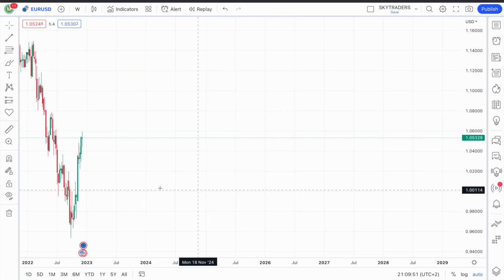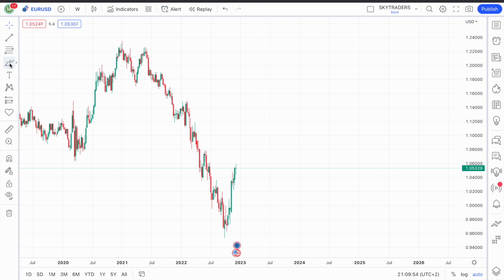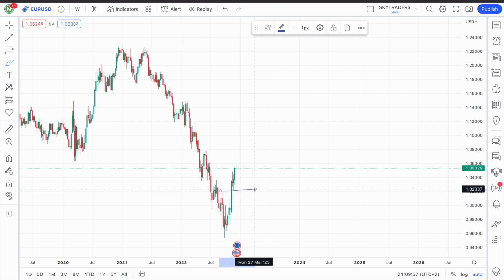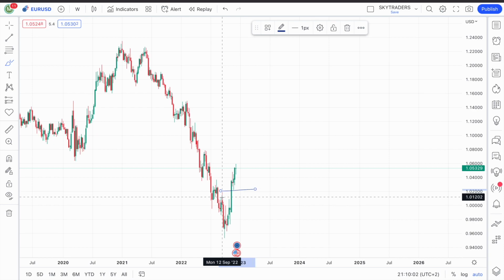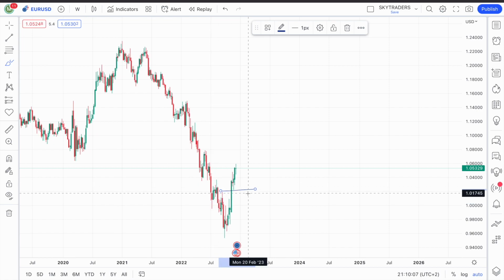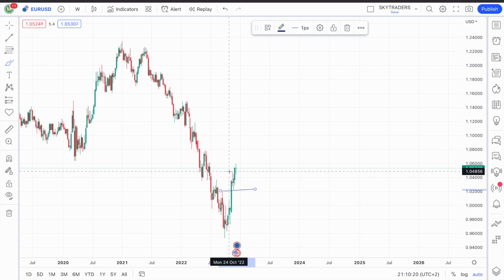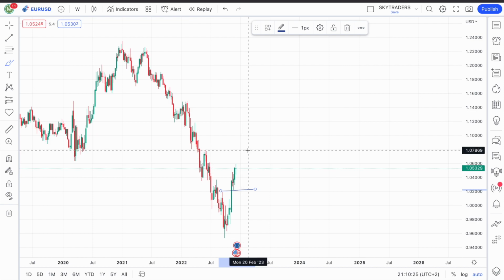This is a really important level because it highlights the highest price that this weekly candle on 12th of September 2022 reached when we broke this market structure. We tried to trade back, broke again with a high pressure buy candle, tried to trade back to the previous sell candle highest wick, and then slight rejection, and now we are in an uptrend on the weekly time frame.